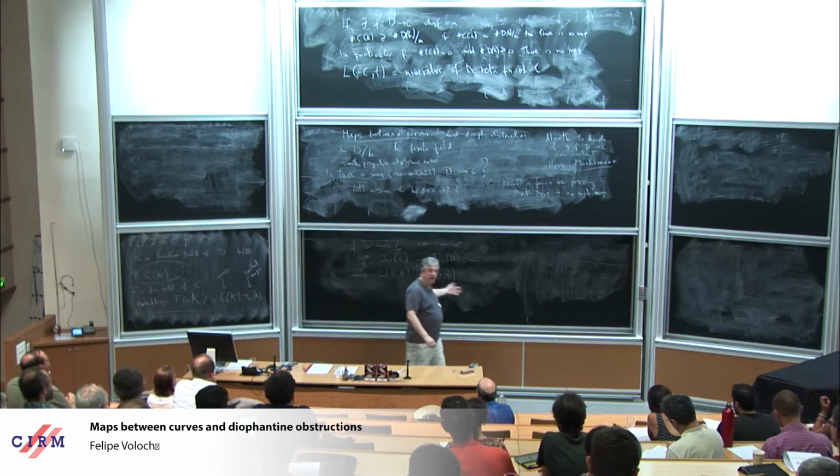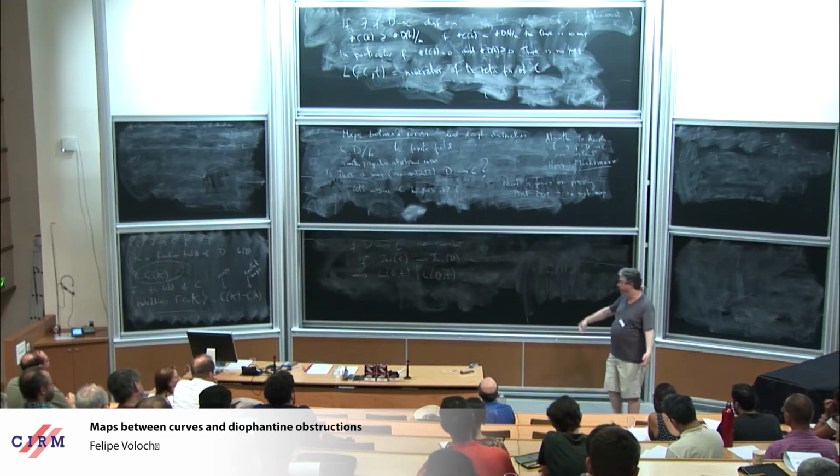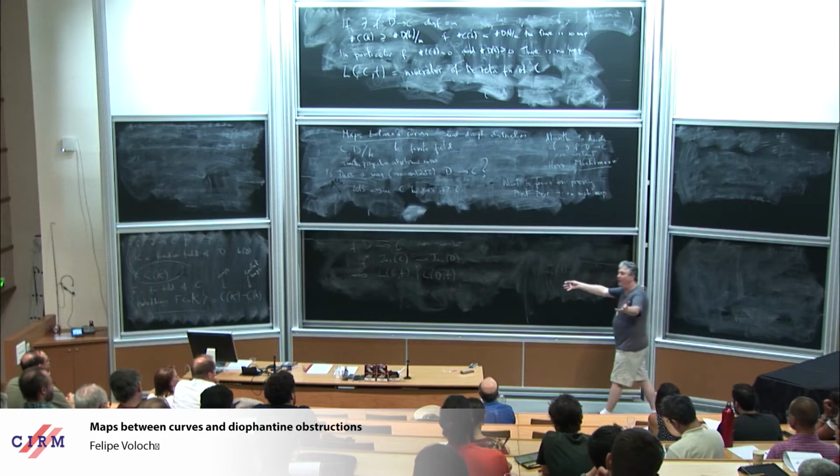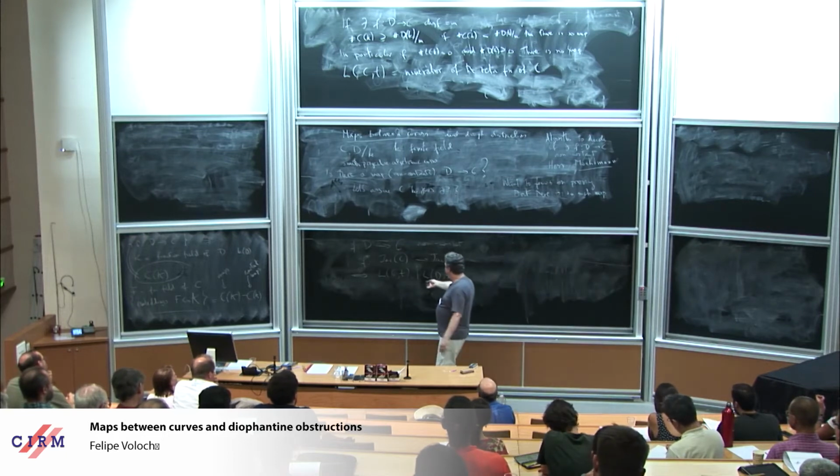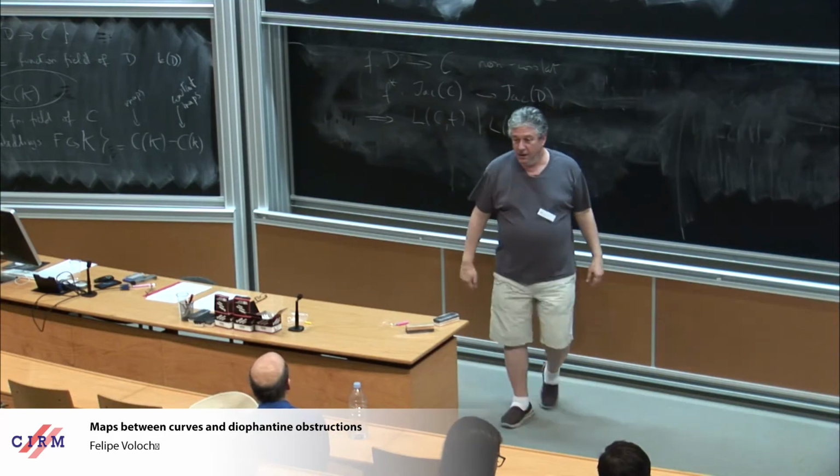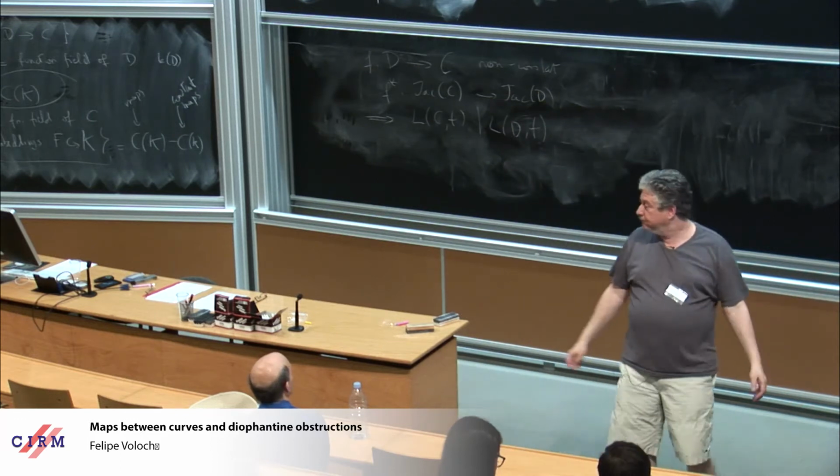So here's the criterion to decide if there is no map. If you're able to compute the L functions, and the L function of C does not divide the L function of D, you know that there is no map.